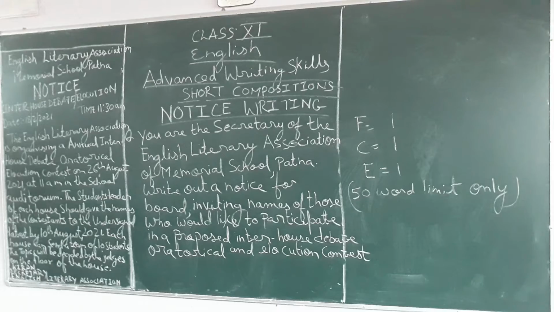Now see, you have to take the names of the students also. The student leader of each house, the house captains, should give the names of the contestants. They should be noting down the names of the contestants who are interested to participate in the inter-house debate oratorical elocution contest.